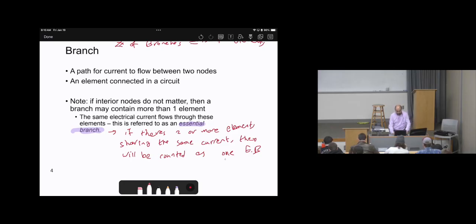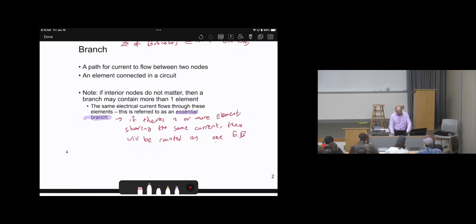Okay, let's see an example so we can understand this better. Let me write the same circuit that we did in the previous slide. Let me call these VS, R1, R2, R3, and R4.